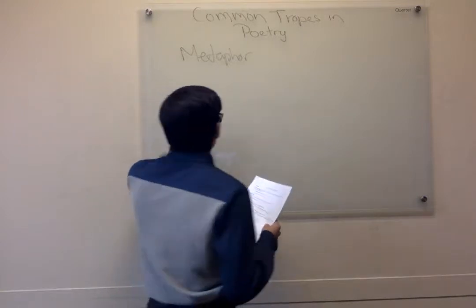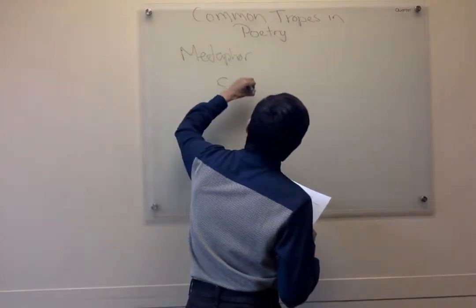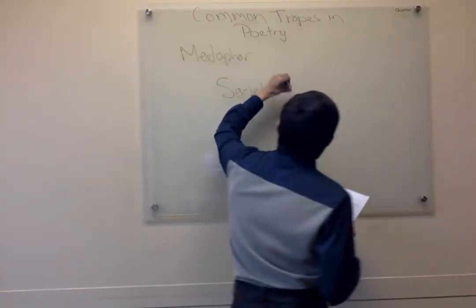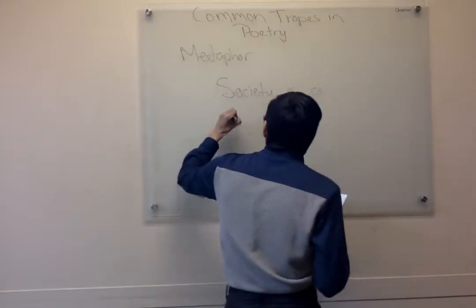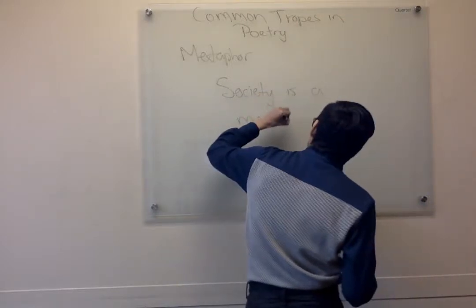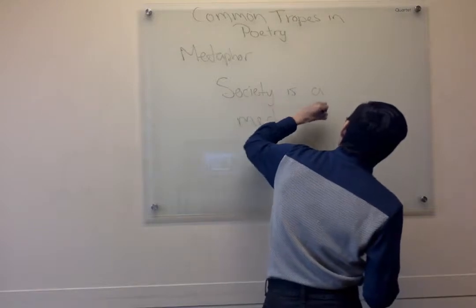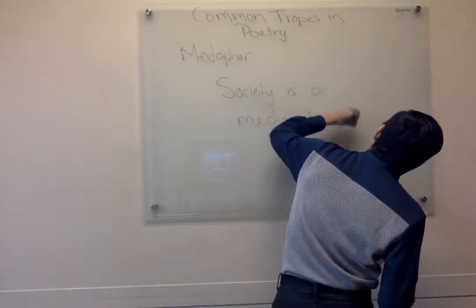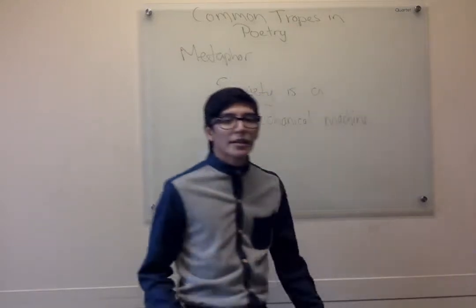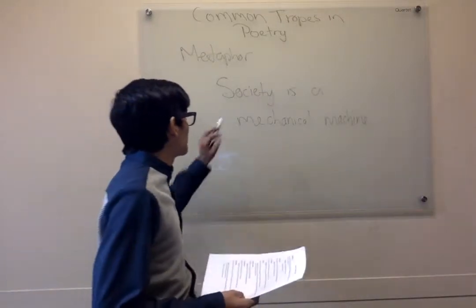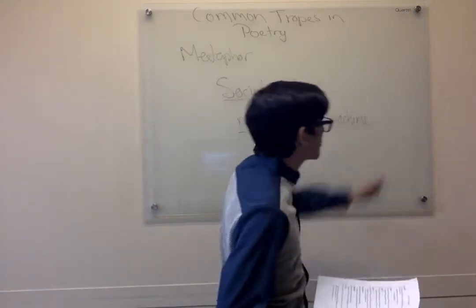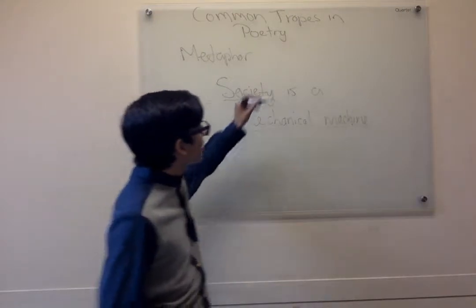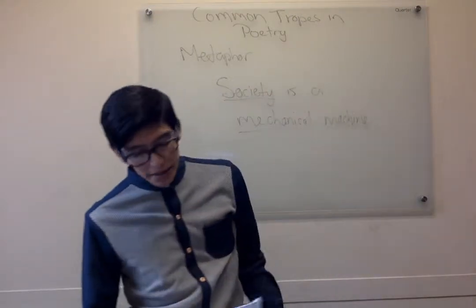So one example would be society is a mechanical machine. So if you notice, the comparison is between society and mechanical machine, but notice that it does not have like or as in it.